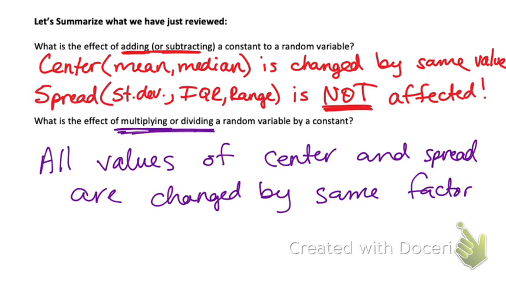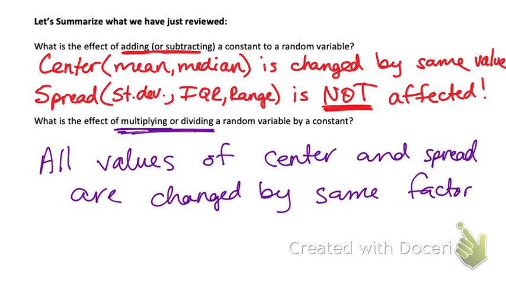If I divide by 4, I'm going to divide every measure of center and spread by 4. So whatever I do to the distribution, I do to the center and spread if it's multiplying and dividing. So really the only funky one is the spread, the standard deviation, IQR, and range, for addition and subtraction. Everything else just gets the same transformation as the distribution gets.